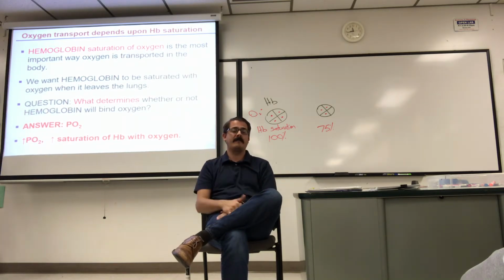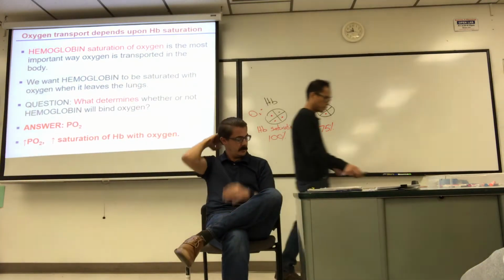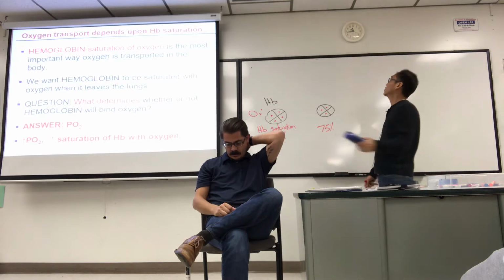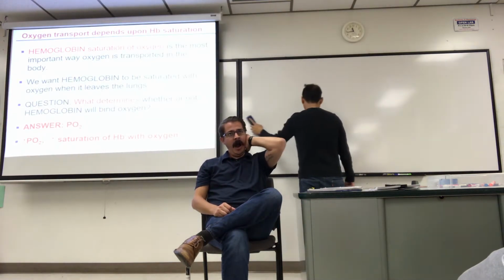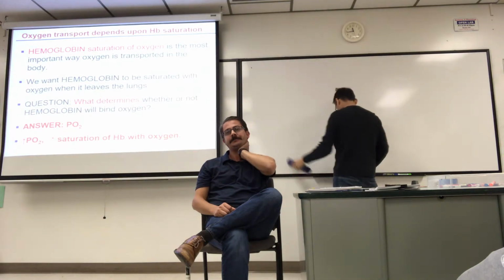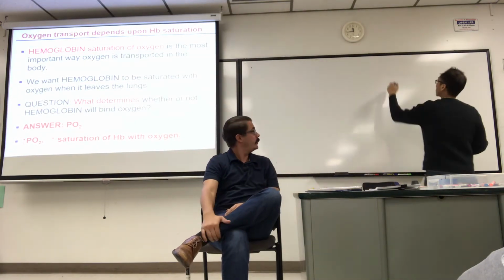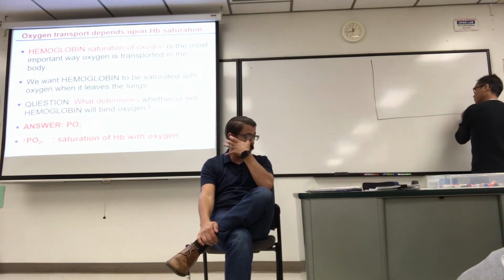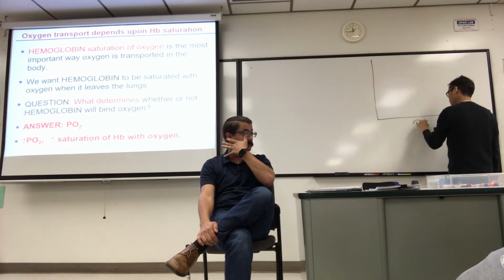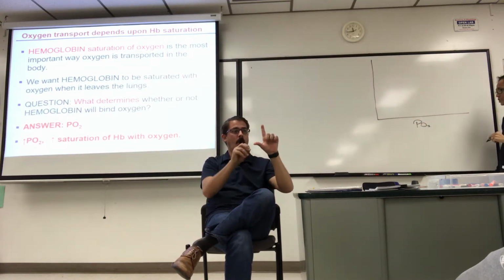And so the idea is, when you plot one against the other, say PO2 on this axis, sometimes we call it oxygen tension.